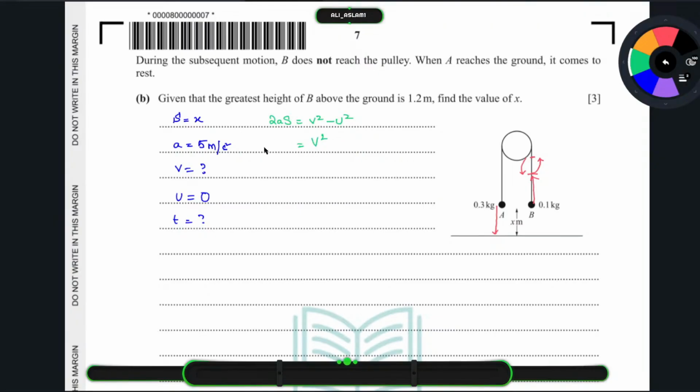U is 0, so 5 into 2, 10x. So equation 1 is this, and the second equation we can use is that from here we know that this total distance is 2x. We know the speed at the point it reached the ground would be the same as B.